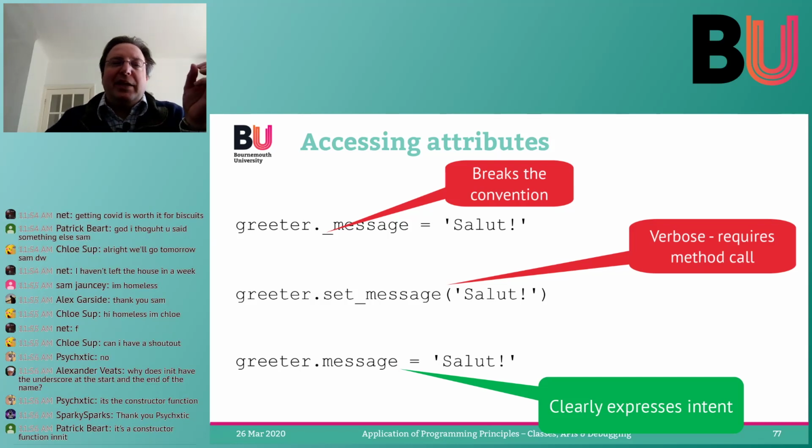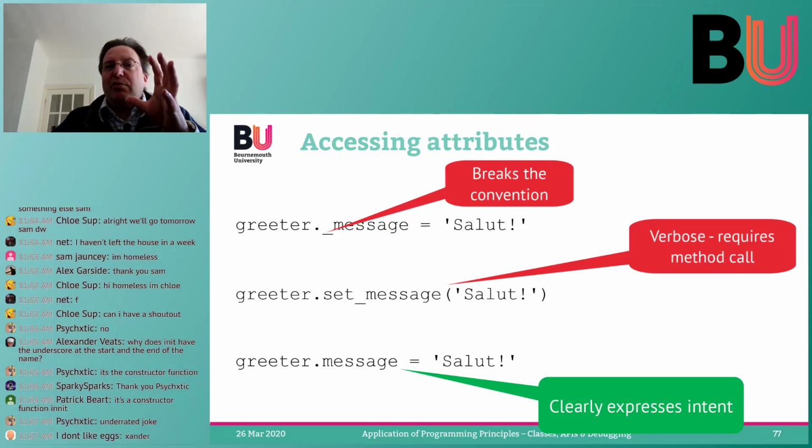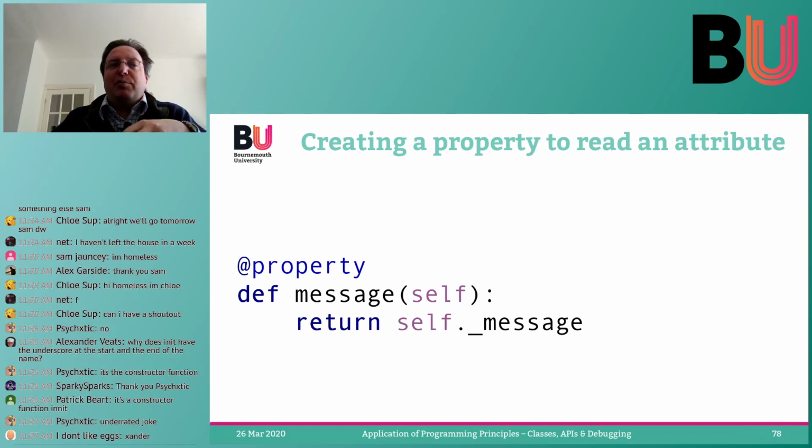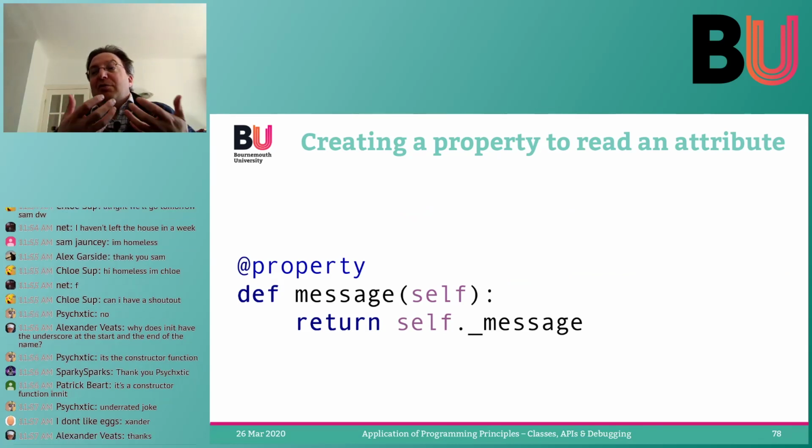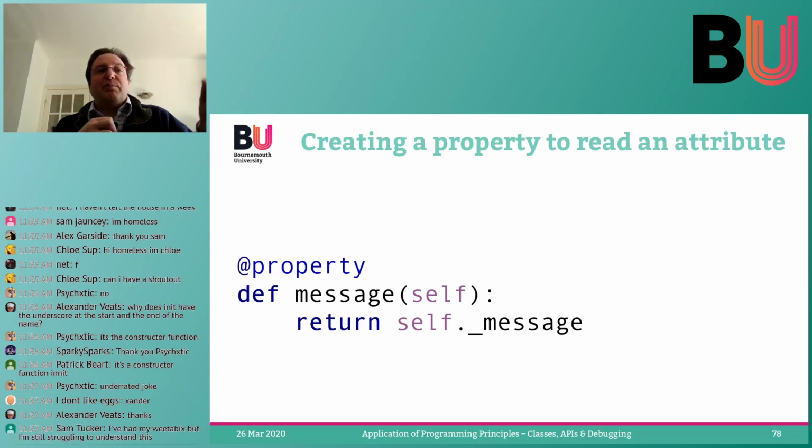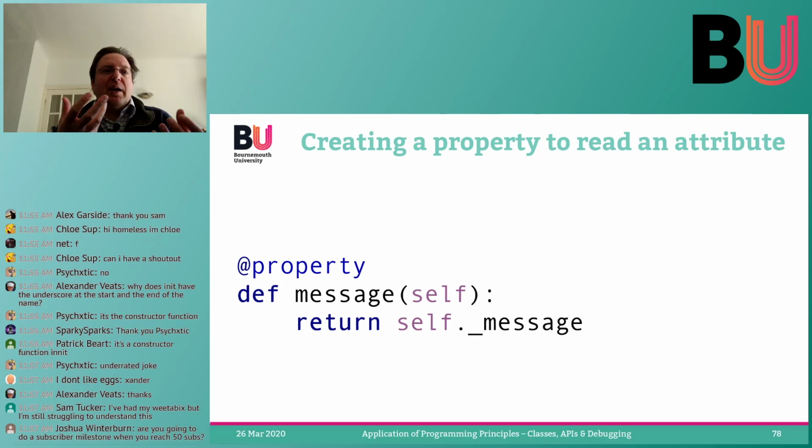And the way you do that is with something called properties. So Python has the property system based upon an annotation, @property, that you define on a function message, and then it becomes visible as a property. So in this case, the property message does not require the parentheses, and this is a getter.